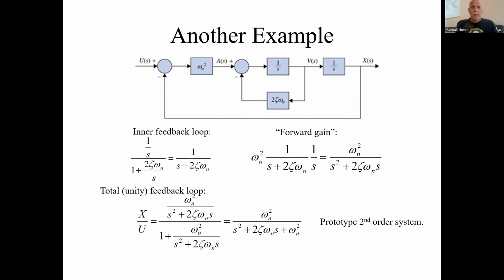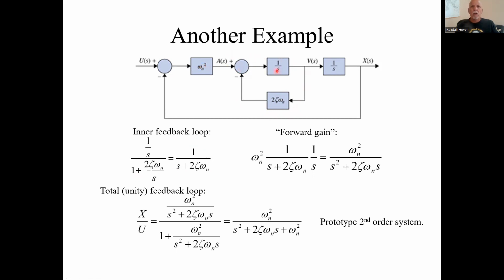So just for this little inner loop, the G is 1 over S, H is this 2 zeta omega n. So here is the G over 1 plus GH, simplify it to this. And then this little transfer function can replace this whole inner loop.